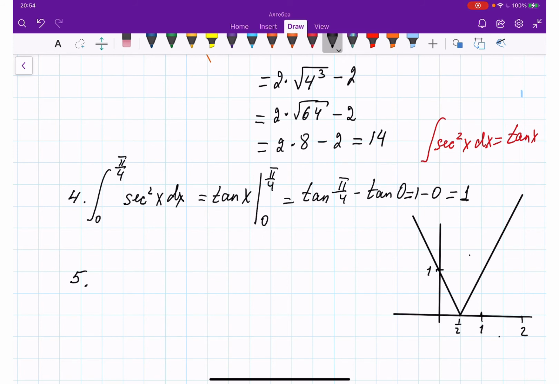So what do we need to do? We have in the integral the absolute value of 2x minus 1, the graph of which we see on the right side, dx. So using this graph and the definition of absolute value, we want to find the area of this shaded part here, right here.